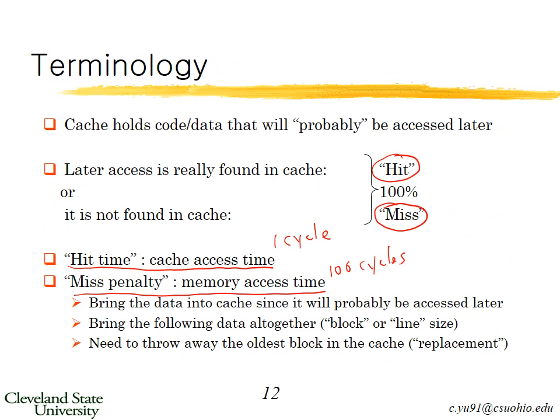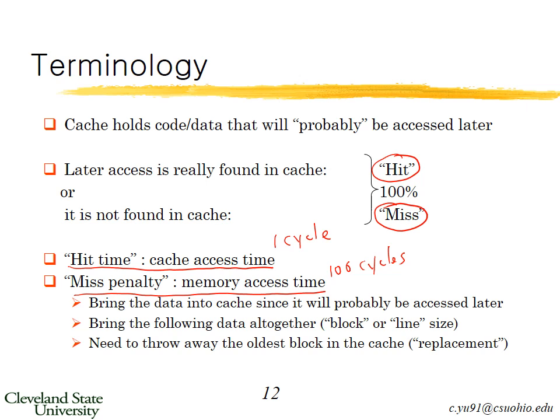So, terminology. We already mentioned cache hit and cache miss. Of course, if you add those two together, that must be 100%. Hit time is the cache access time, which is 1 cycle. And whenever the data is not found in the cache, you have a miss.